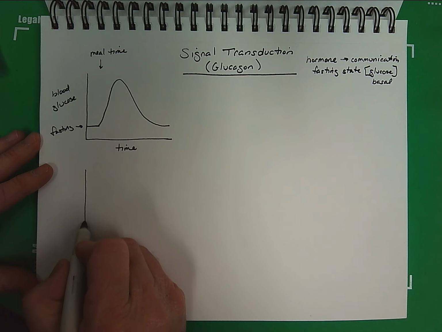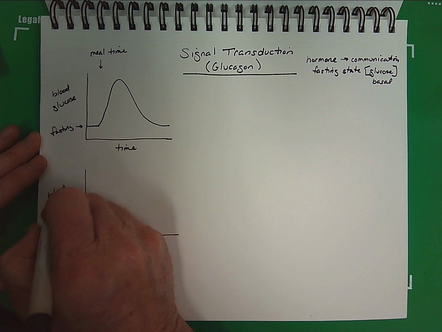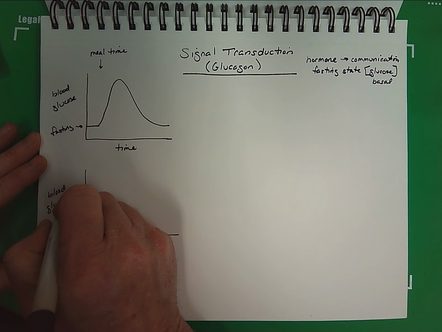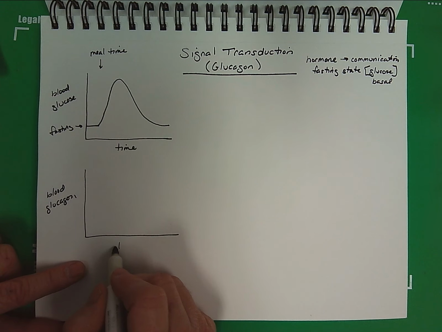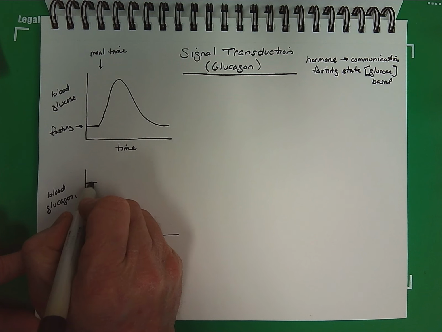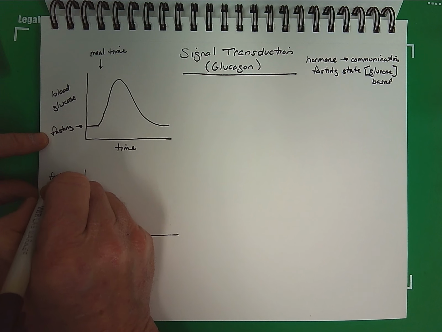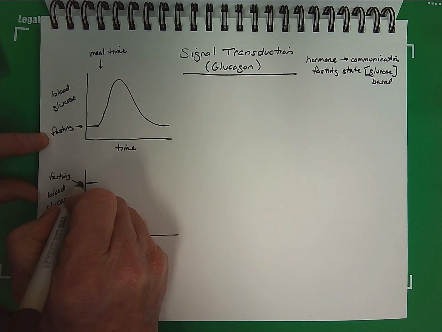Now, if we look at the amount of glucagon in the blood, as we did with insulin over time, what we would see is during the fasting state, there is a relatively high concentration of glucagon.